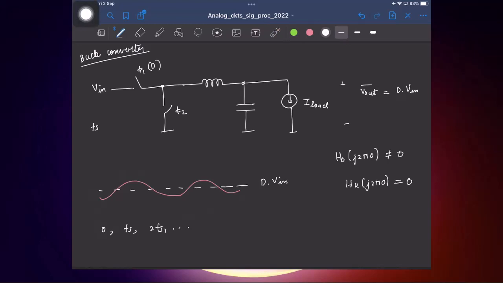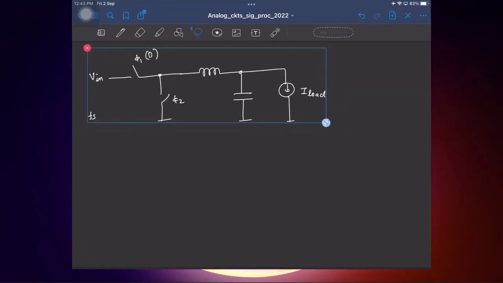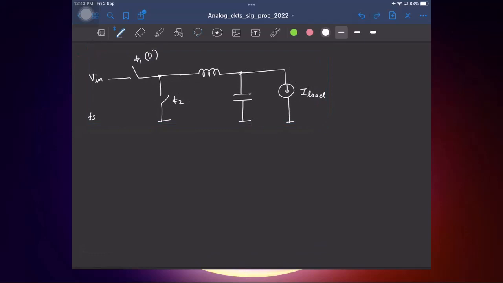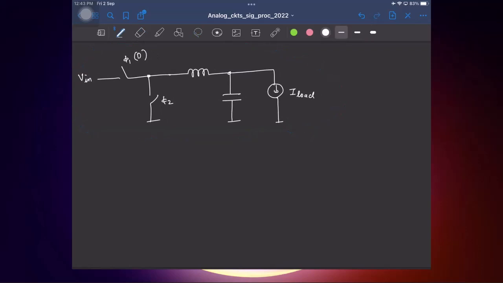Okay, so before trying to see how we can use the N-path principle here, let's sketch the current waveforms so that you'll have a better understanding. To plot the waveforms, we had assumed that the output is approximately constant.